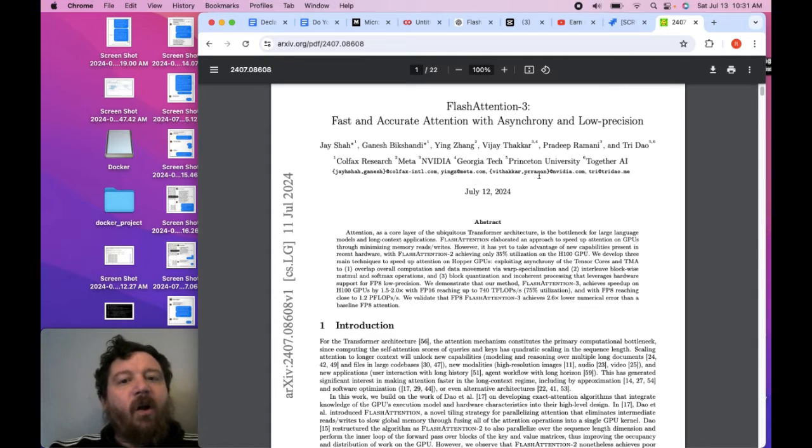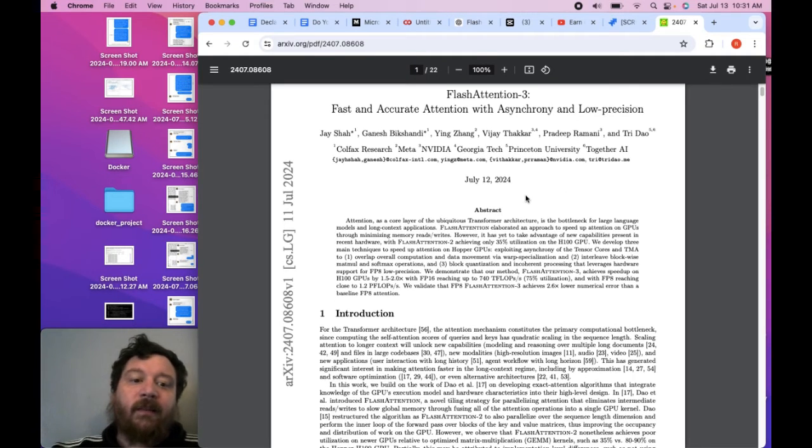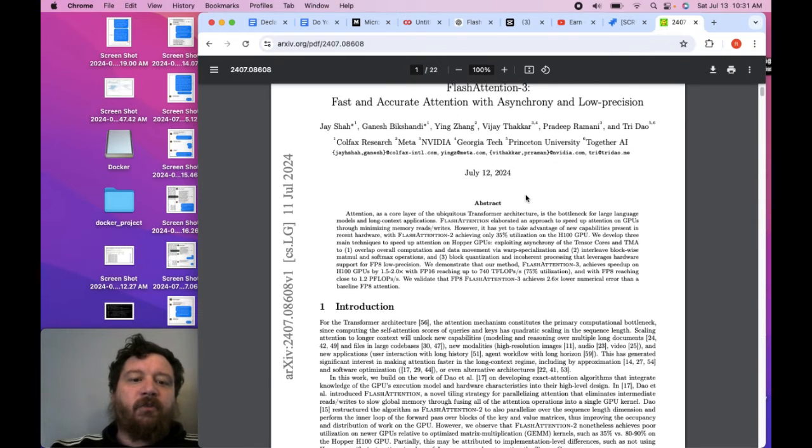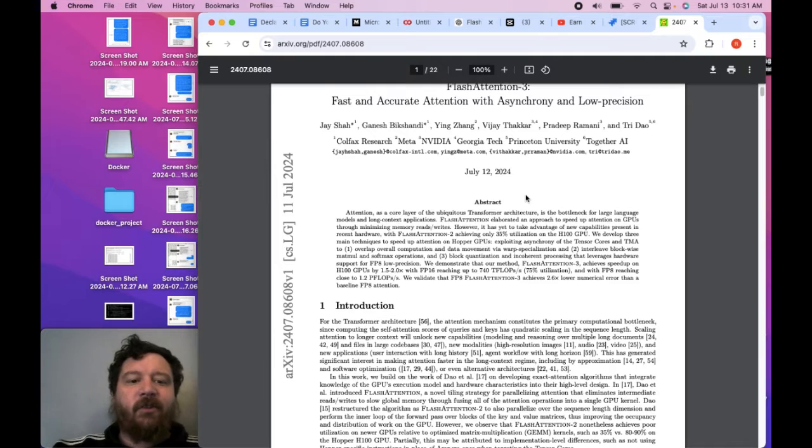So all of this to say, in a nutshell, what this actually does is allow for floating point 8 precision, so like quantization and quantized calculations specifically related to attention to take place.